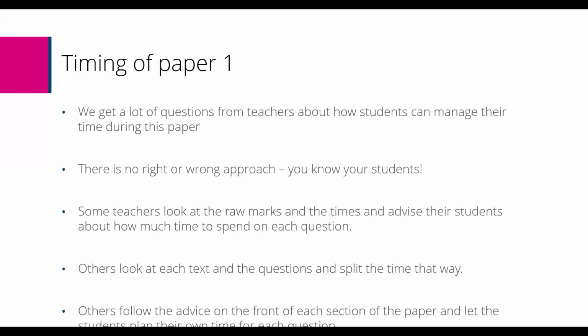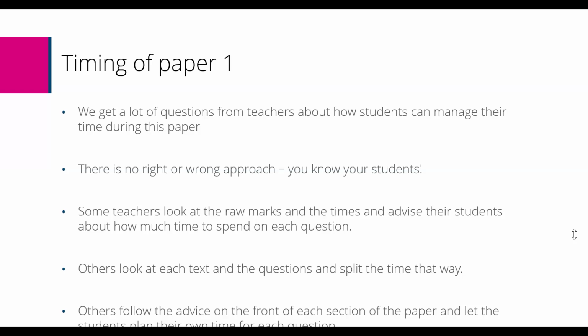Again, we're going to have some time here to share a little bit of practice about timing, about how you encourage your students to spread their time in this paper. There's no right or wrong approach. You know your students. Some centres look at the number of raw marks available and the time and advise students that way. Some talk about section A and section B. Others just follow the advice of the rubric on the front of the exam paper.